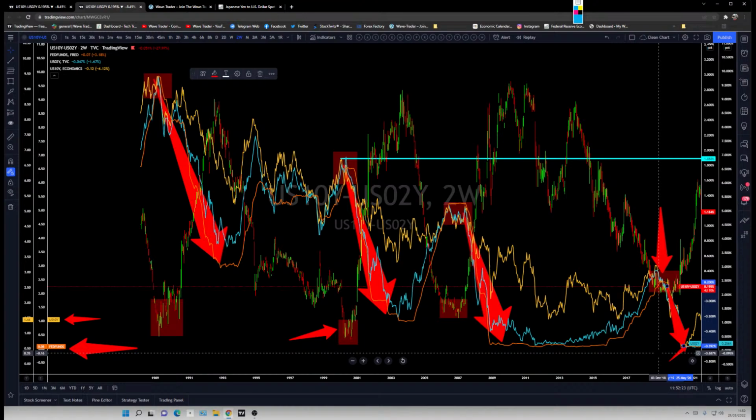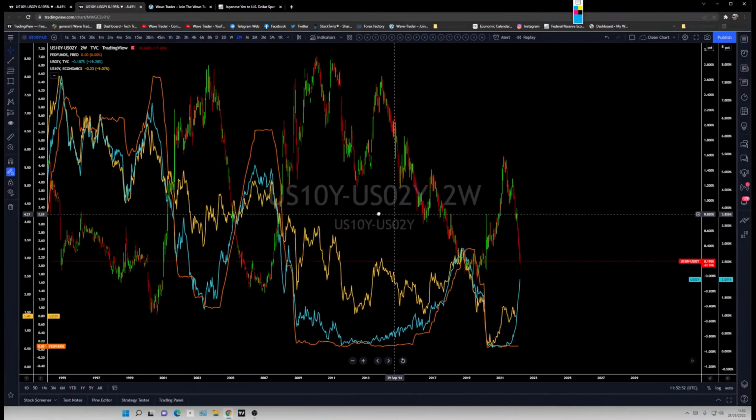What I'm saying is that once we have inversion, the real rates never went above where they were during the inversion. So they have to drop, so that this inversion can reverse. I hope that makes sense.